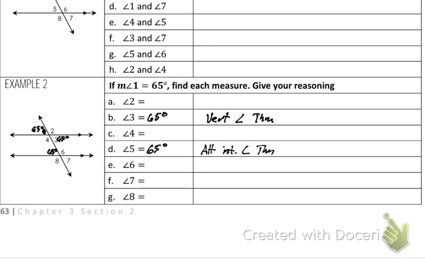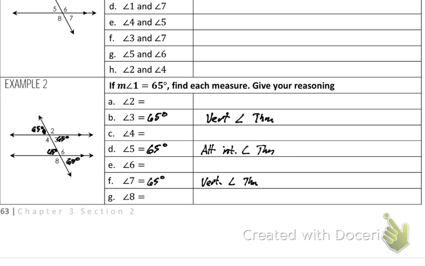Use vertical angles. Could you have got to 7 by using corresponding angles with 3? Could you have used alternate exterior angles? Yeah. So your reason is a little less important than your answer being 65 degrees. I'm going to go vertical angles because that's what I would have used.